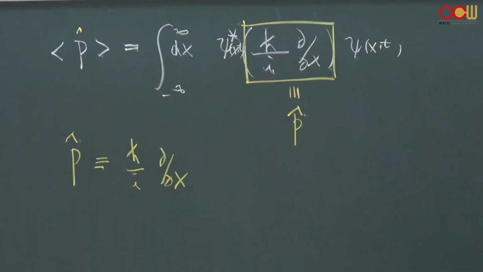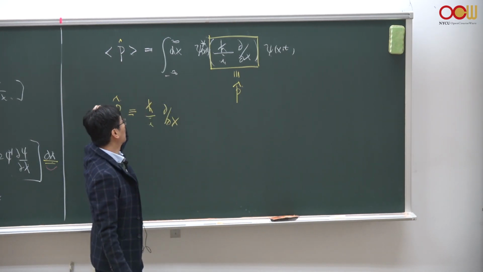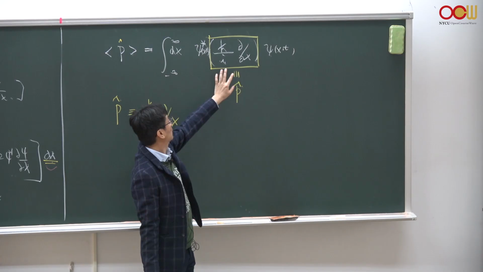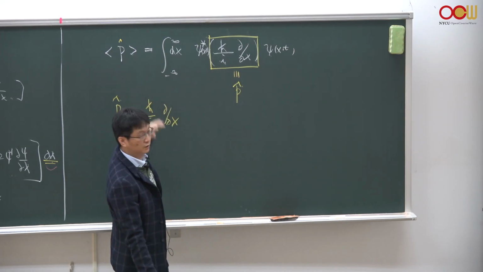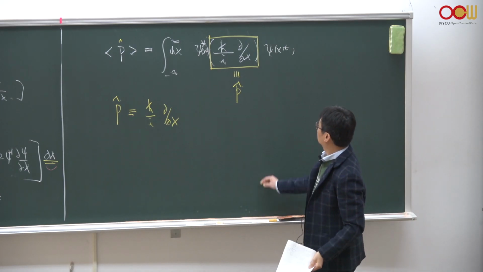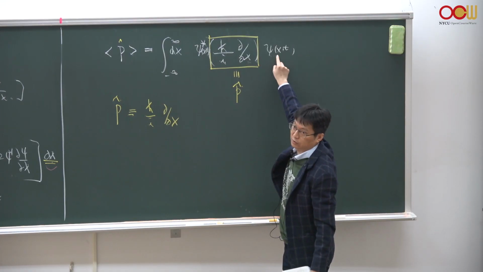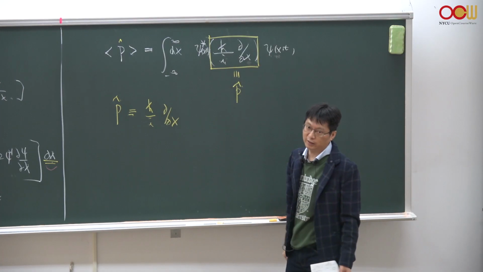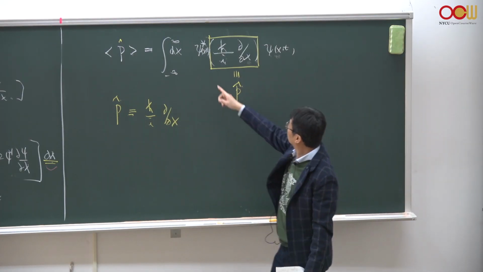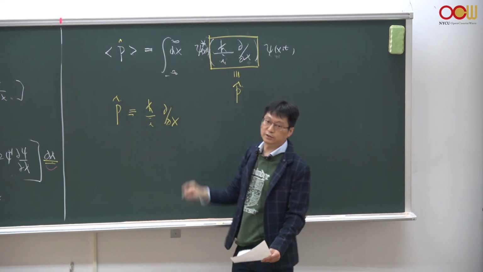Yeah, so let me just repeat. When you take the expectation value of the momentum operator, this is what you should do, right? So you should evaluate the integral, but inside the integral, this yellow box is the most important part of this expression, and this says that you need to take differentiation of the wave function on the right with respect to x and multiply by h bar over i, and then on the left you multiply by psi star, and then you integrate over the entire space.